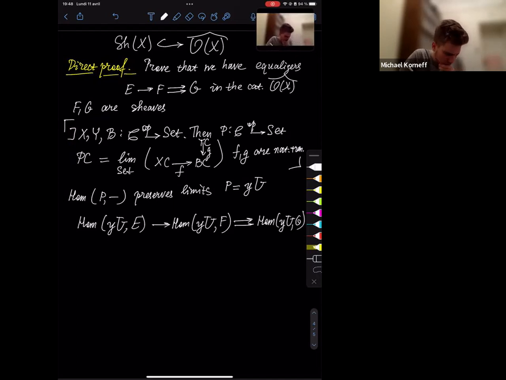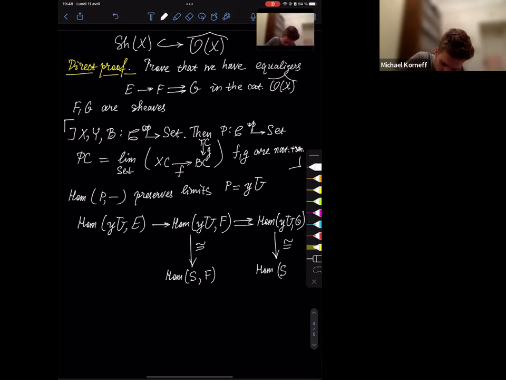Okay, and we also have the following isomorphisms. We know that it is isomorphic to hom from S to F, and it is isomorphic also to hom from S to G. And then we will obtain an isomorphism on equalizers.